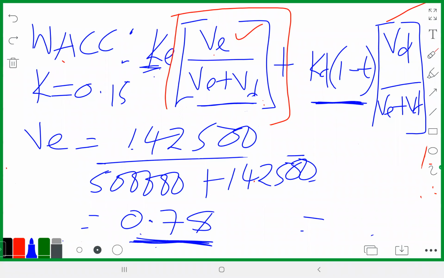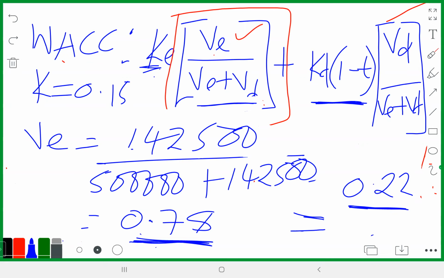I found 0.2217. So you can leave it as 0.22, right? As this one, which is in blue now, as the market weight of debt.